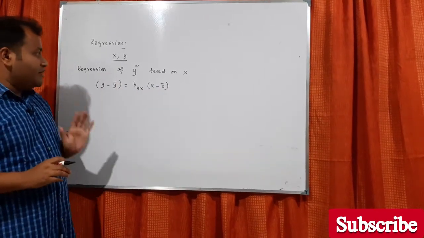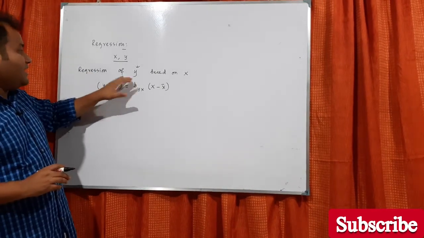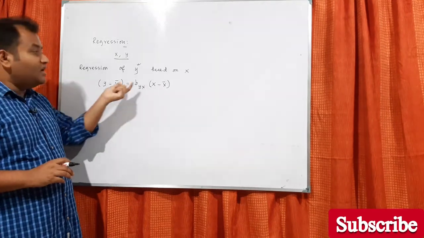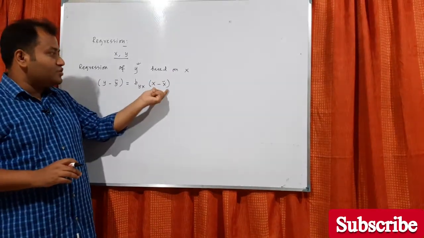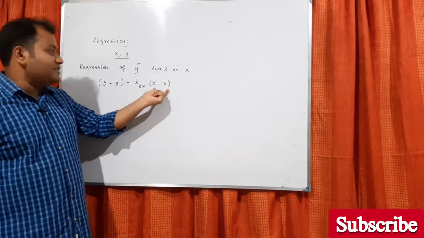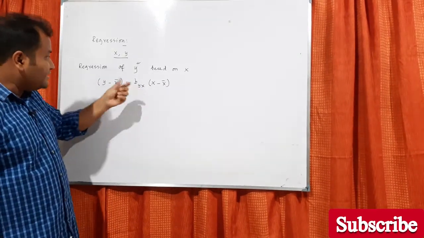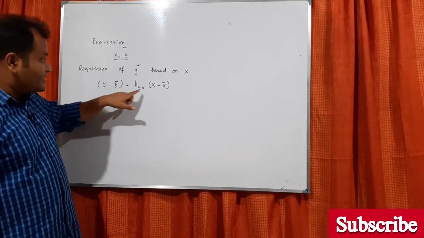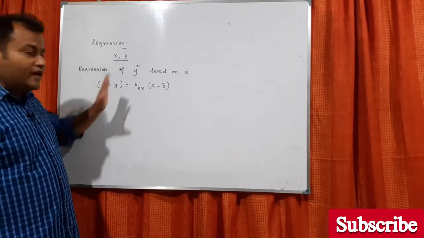Look into the pattern of this one. The regression of something we write on the left hand side, y minus y bar, and based on x, so x should be on the right hand side, x minus x bar, and the coefficient b suffix yx, left to right.